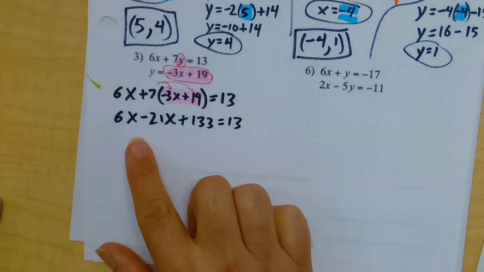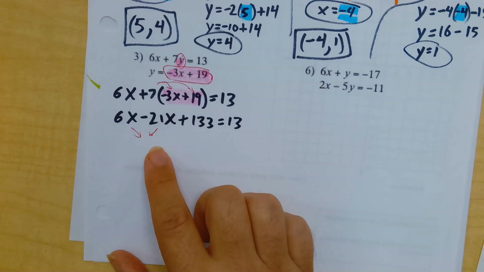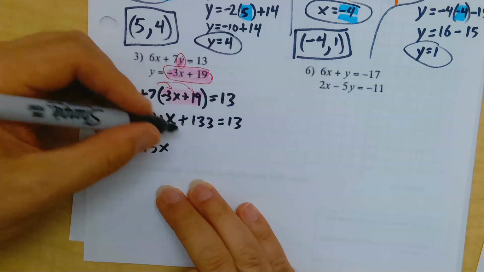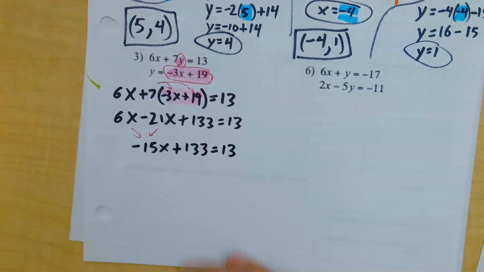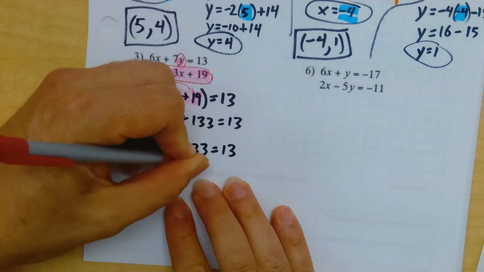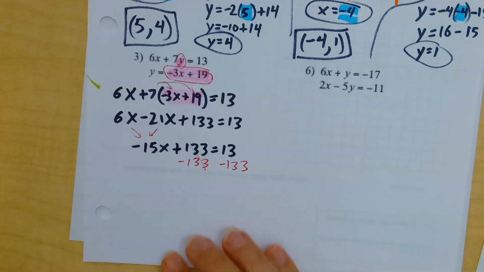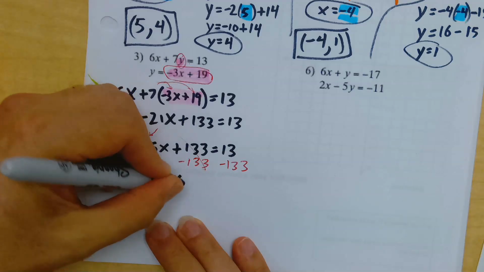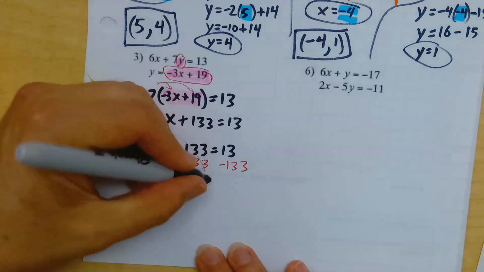Okay, so now I can combine 6x and negative 21x. That gets me negative 15x plus 133 equals 13. Okay, so I need to subtract 133 on both sides, and then I end up with negative 15x equals, and 13 minus 133 is going to give me negative 120.